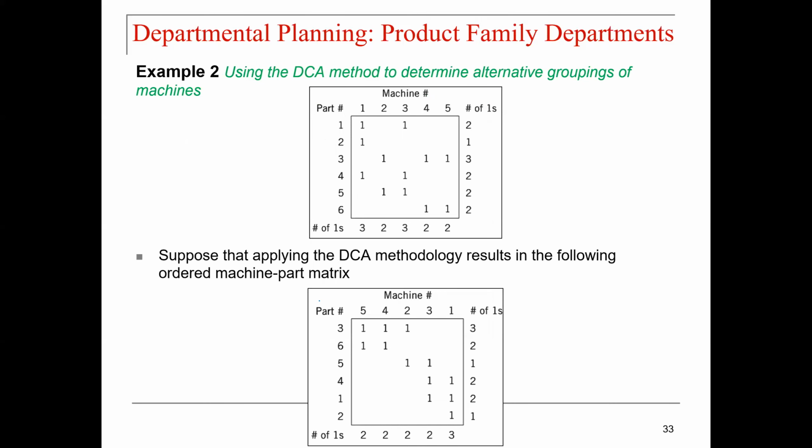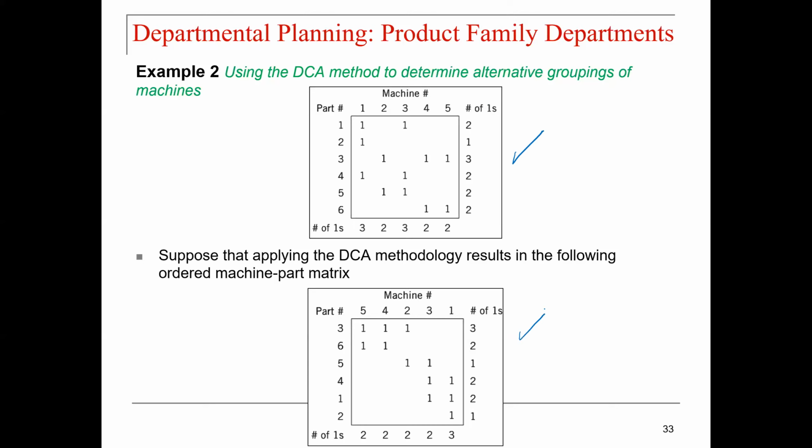The second example is to illustrate the case in which you don't have a clear split, and what to do when that's the case. So using the direct clustering algorithm method to determine alternative groupings of machines. So this is the original matrix, and providing you with the answer to illustrate the point.